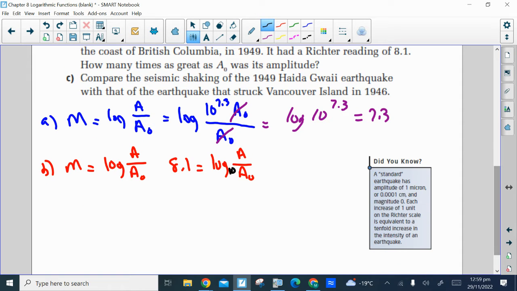Remember that when you convert from one to the other, the bases are always the same. This log has a base of 10, so as an exponential, the base will be 10. To get the order of the other pieces, we start with the base and cycle through, and whenever you cycle through, you're always crossing the equal sign. So after the 10 comes the 8.1: 10 to the 8.1 equals A over A sub 0.